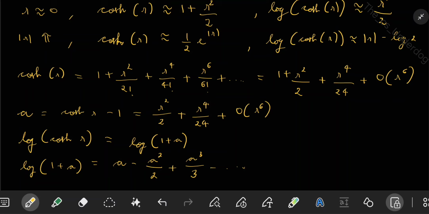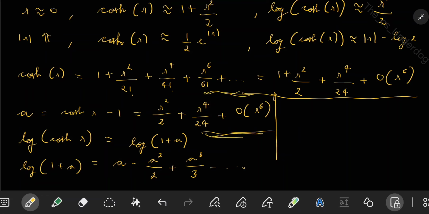Next thing I am going to do is, you already know what a is from here. If this is the value of a, then what is the value of a square? I'm just writing it here. Consider the value of a to be whatever we already derived. Then the value of a square will simply be the square of those. So I'll just take the initial terms because all are not significant.